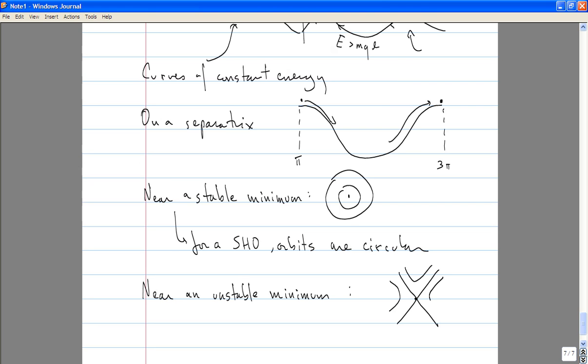So the separatrices are these straight lines here. Whereas the other curve, the generic curve, will be some sort of hyperbola.